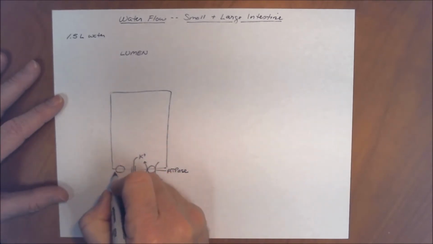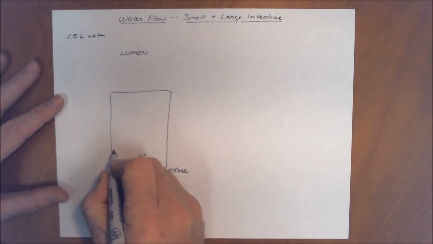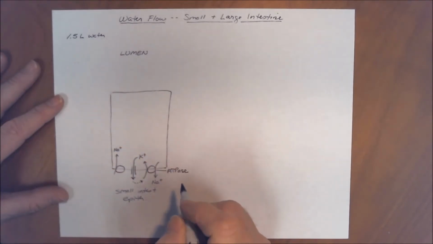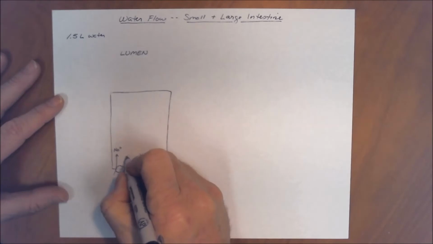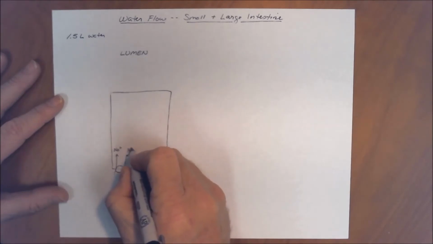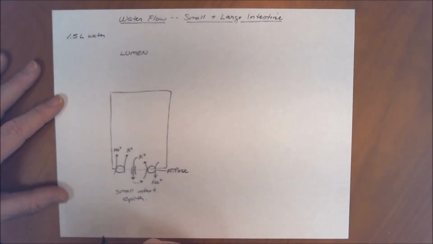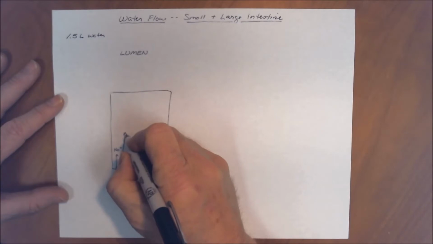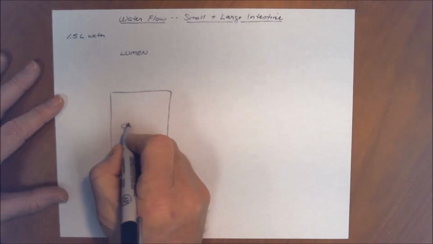This transporter is going to transport sodium into the cell. It's also going to transport potassium into the cell. And for our purposes, most importantly, we are going to transport chloride ion into the cell.